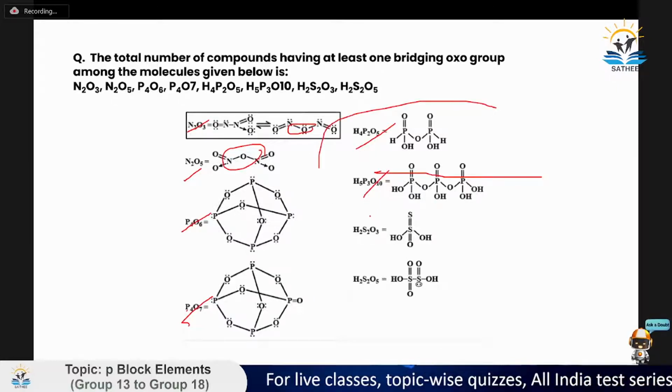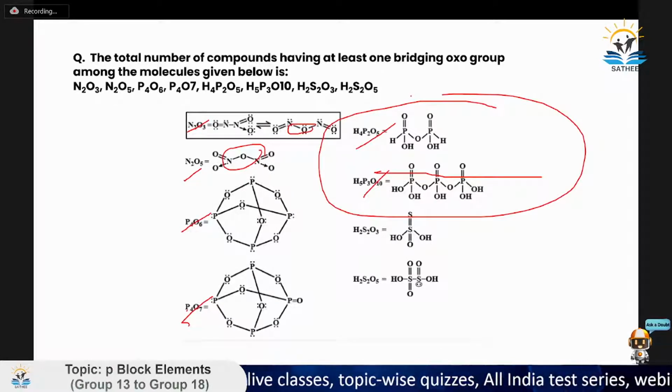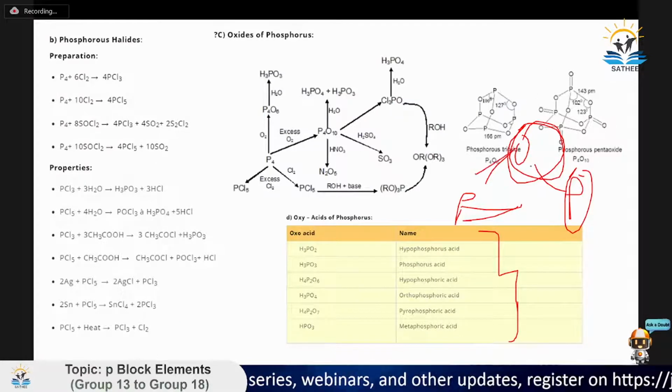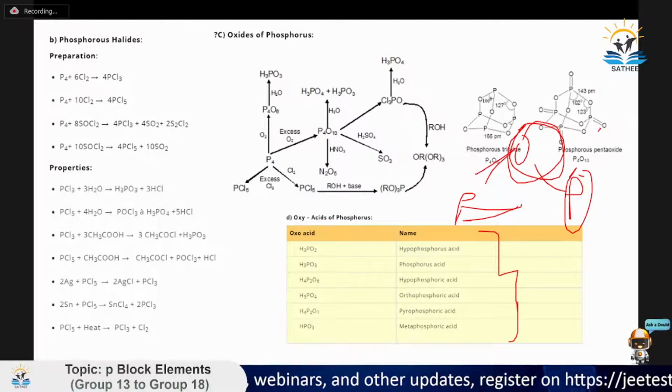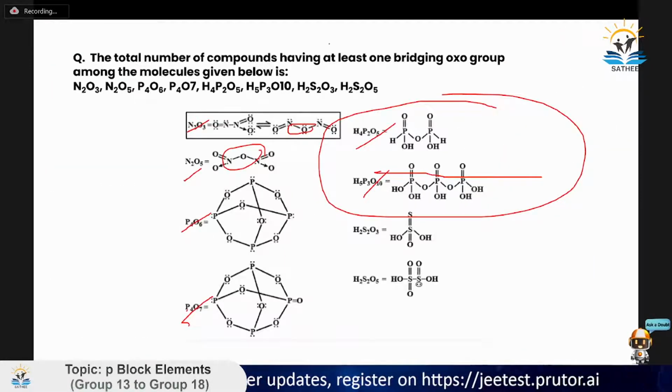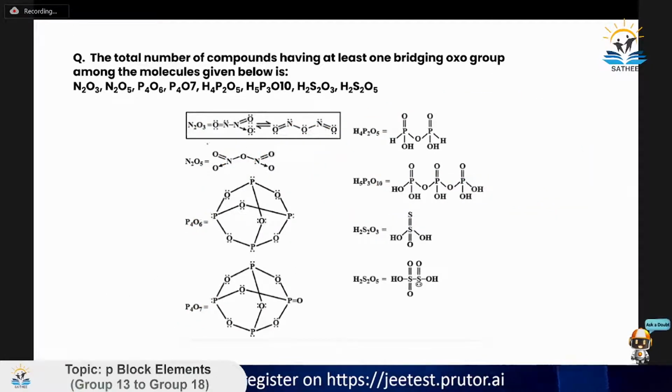If you know how to draw orthophosphoric acid, you can draw it over there. But basically you have to remember the structures. The main structures you need to remember were discussed in the previous slide, and those are P4O6 and P4O10. That is always the standard go-to question for any JEE question. And similarly, this is the case over here.